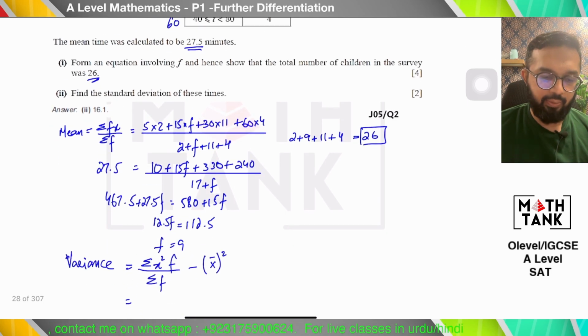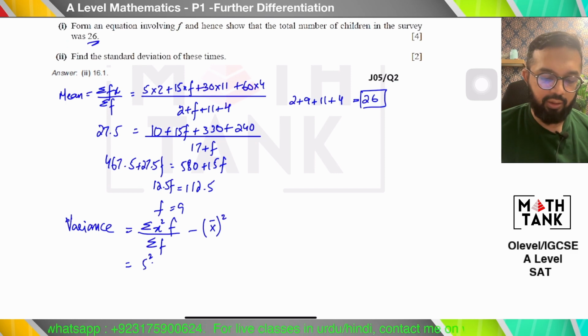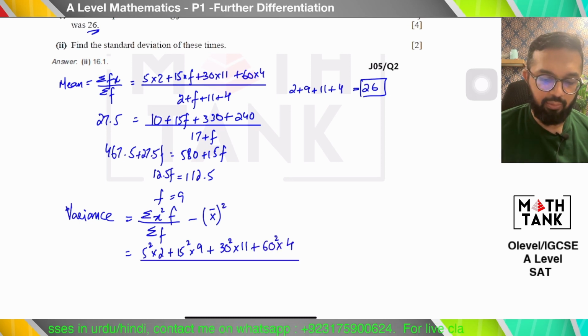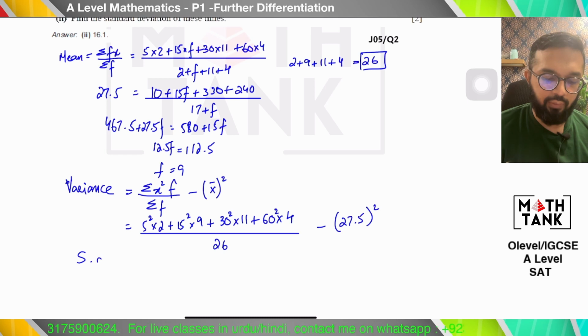So x squared, the midpoint is my x, so 5 squared into 2 plus 15 squared into 9 plus 30 squared into 11 plus 60 squared into 4, divided by 26 minus 27.5 squared. And then I take a root of all of this.